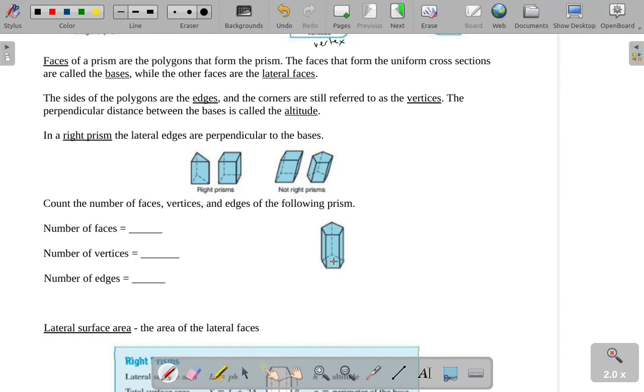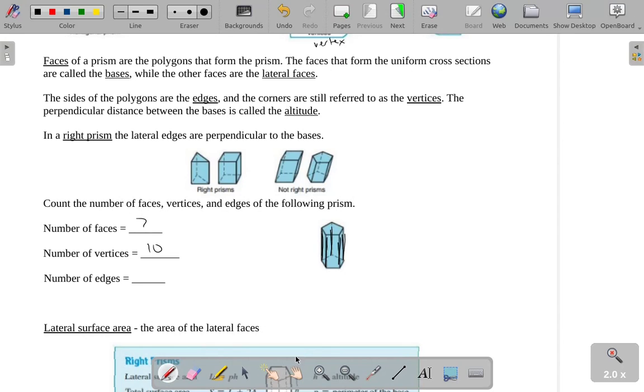So in total there'd be 2 plus 5, 7 faces here: the 5 going around for the lateral faces and the 2 bases. The number of vertices here: 1, 2, 3, 4, 5, 6, 7, 8, 9, 10 vertices. Remember, the vertices are the individual points.